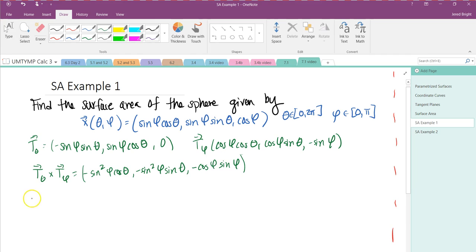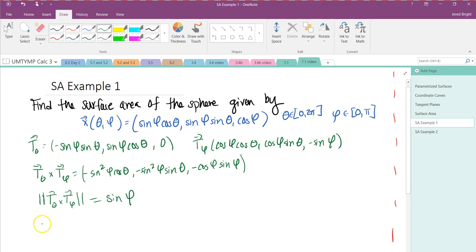And then when you look at the length of this, again, something that I did by hand off of the screen here, I got just sine of phi. A lot of work to get there.